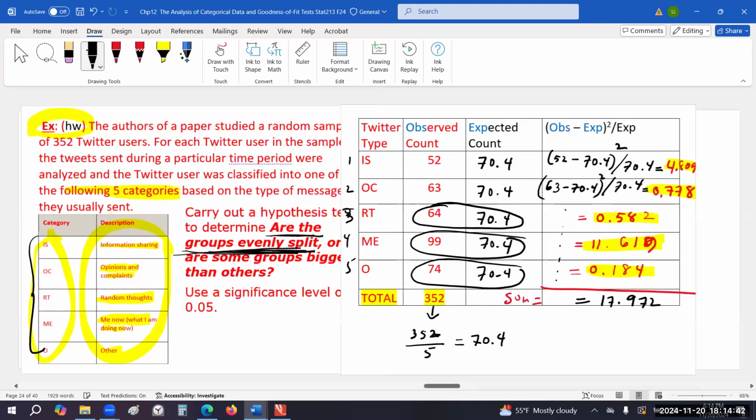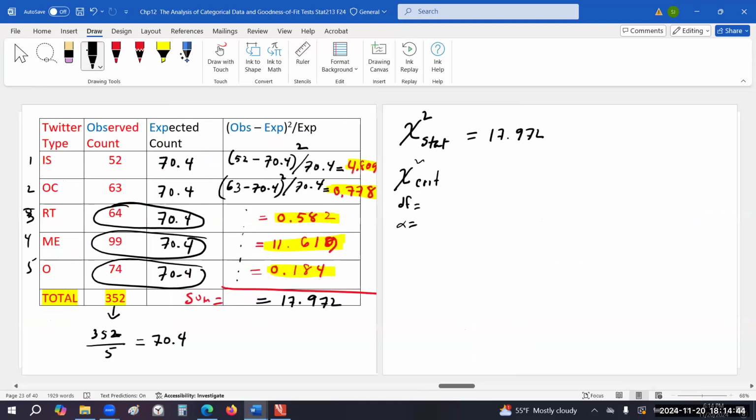So alpha, they gave us 0.05. What is the degree of freedom this time? Good job, Xian. It's 4, because we have 5 categories, so 5 categories minus 1 gives us 4.